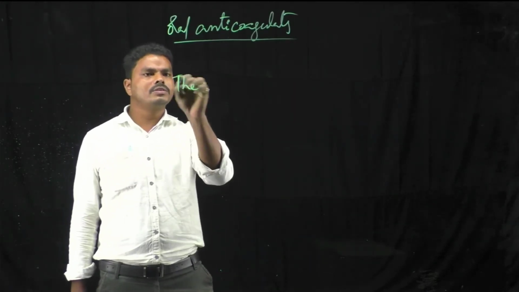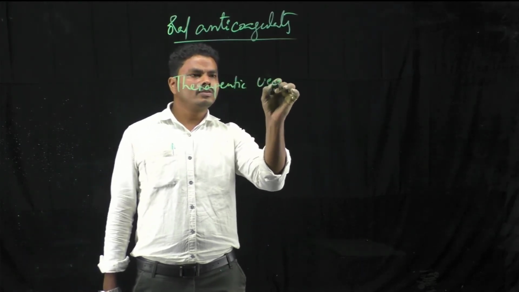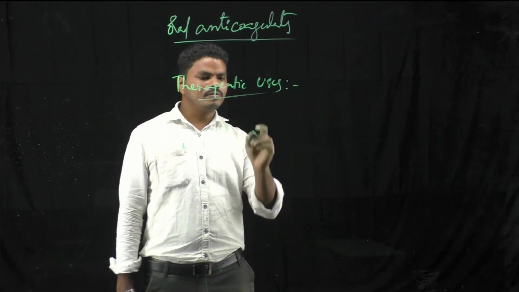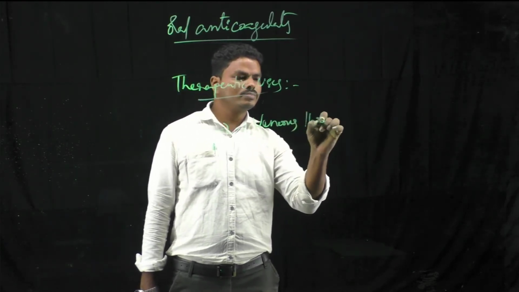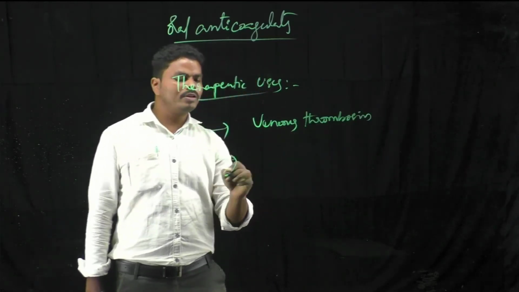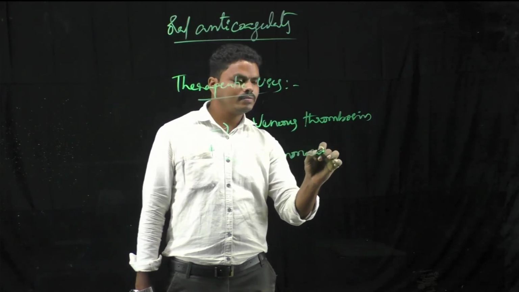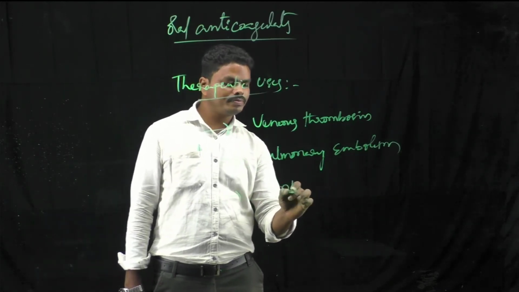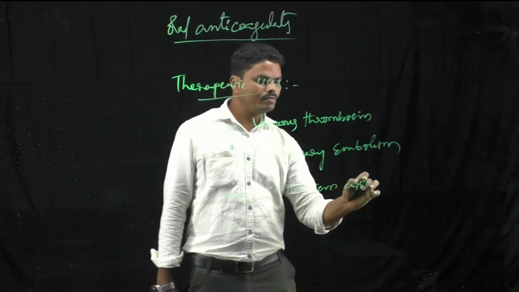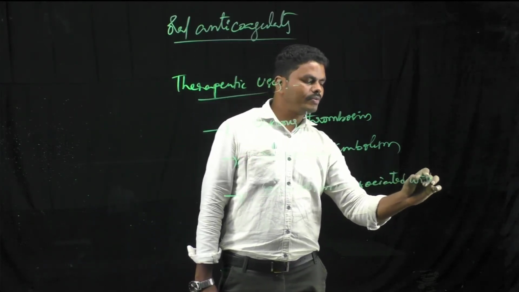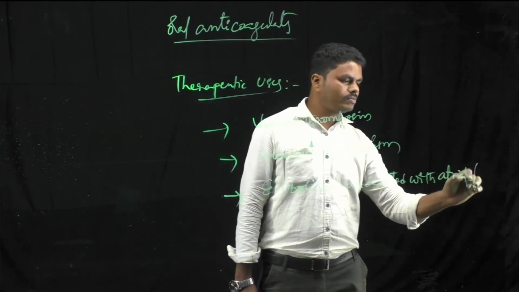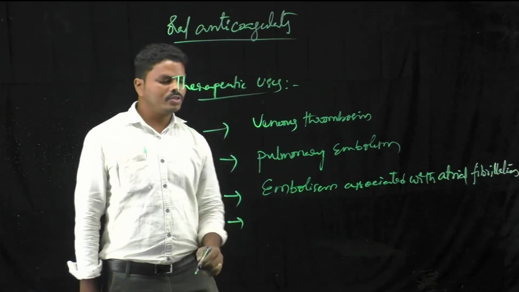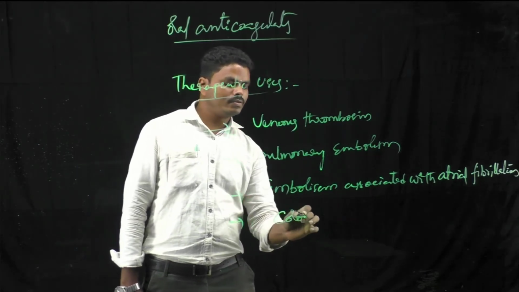And coming to the therapeutic uses, this drug is generally used in the treatment of venous thrombosis, pulmonary embolism, and embolism associated with atrial fibrillation, and also in the treatment of coronary occlusion.